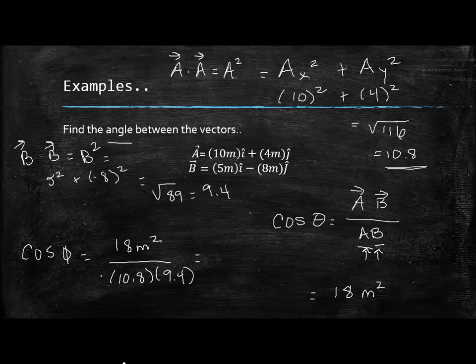So when we multiply those two numbers on the bottom together, we get 0.18 as the cosine of our angle. So we can inverse cosine that, and we get our angle to be about 80 degrees.